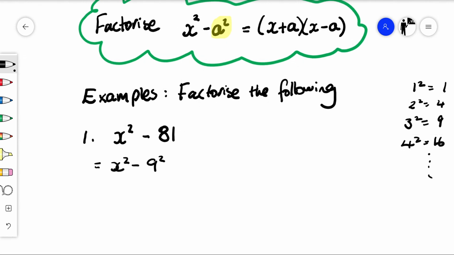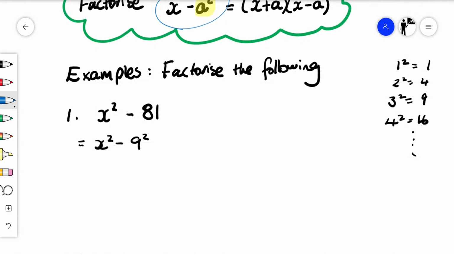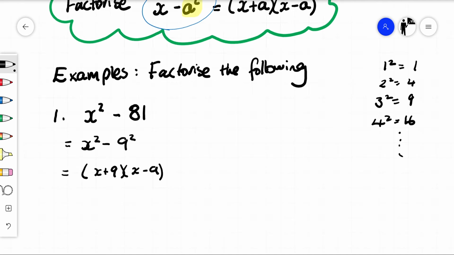And I've now got it into a similar form as up here, something squared take away something squared. So we can write that as x plus 9, x minus 9. Or if you wanted x minus 9, x plus 9, it doesn't matter.